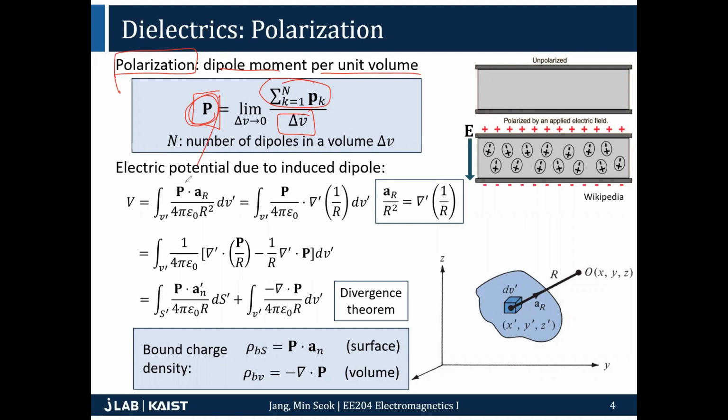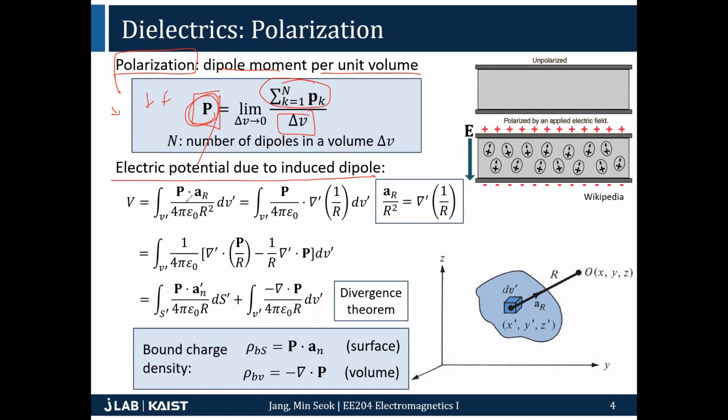Now your system becomes continuous, right? If you imagine an atomic or molecular system, your dipole moments are located at the position of an atom or a molecule, which is discrete. Instead of doing so, we can define a polarization field, which is a volume average of it. It becomes a continuous field, right?